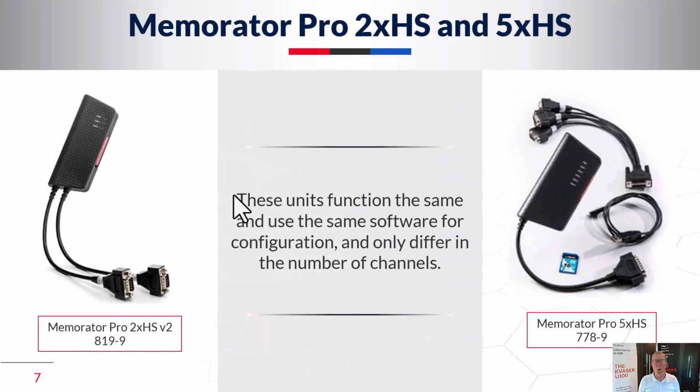We have our two main Memorator Pro products, the 2-channel and the 5-channel devices. These are basically the same except for the number of channels they have. They both have a USB connection for a computer connection for configuration and removing data. When they're used as an interface, they will work as an interface as well.